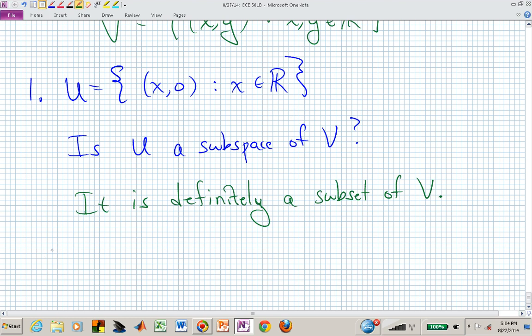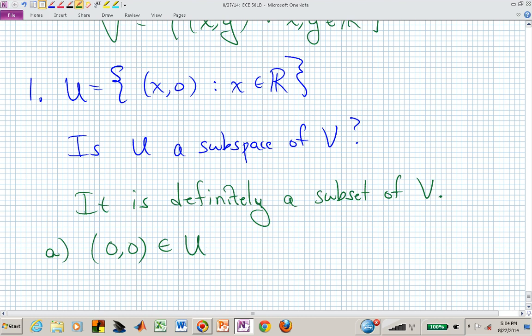Now what do we need? We need to show it satisfies 3 properties. The first one is that it has the additive identity. So now we need to see, is it possible for 0, 0 to be an element of U?